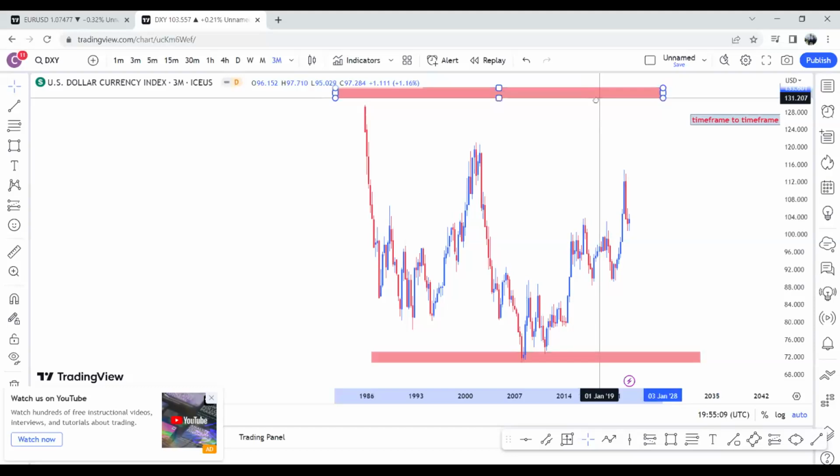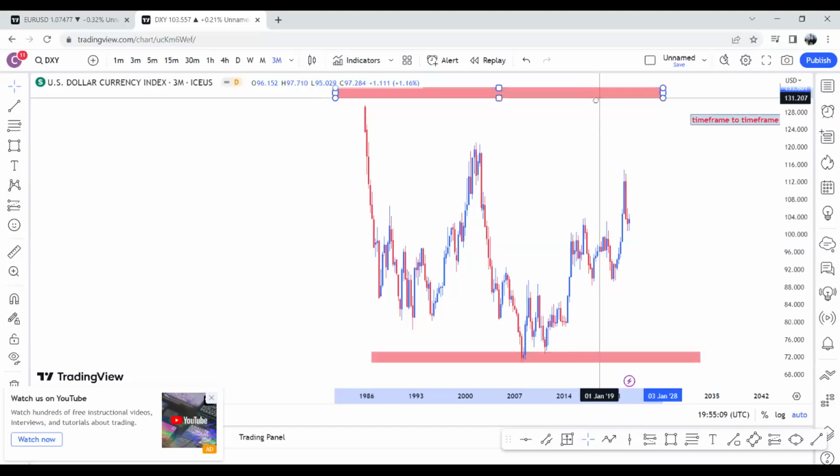After you have looked at the 3 months time frame, time frame to time frame analysis is just a simple process of breaking down and analyzing various time frames.